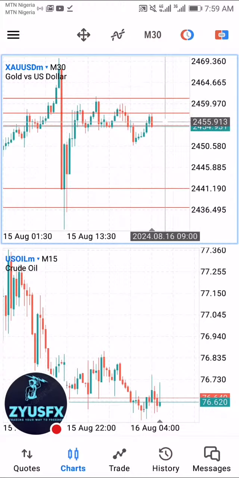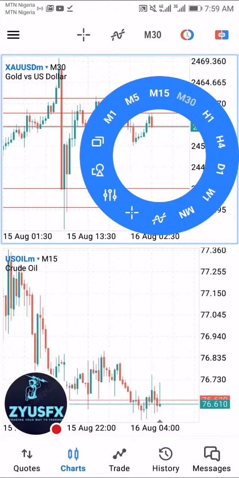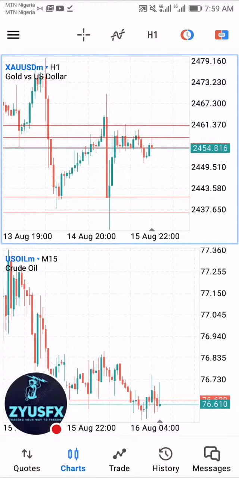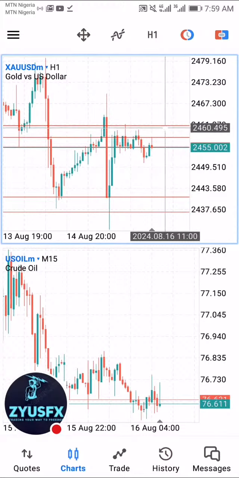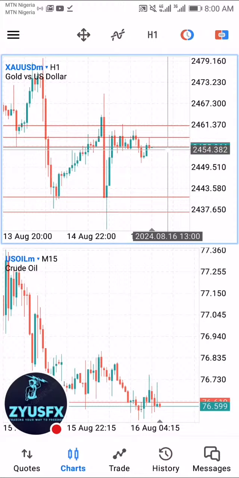But if you have a good amount of capital or equity, or if you are using a smaller lot size, then I think you can enter the sell now and place the stop loss above. But I'm using a mini lot size, so I don't want to be risking that much.